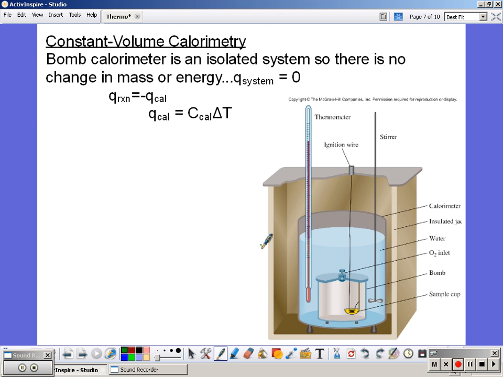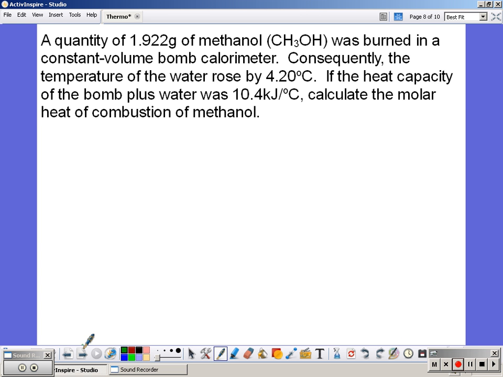So a quantity of methanol was burned in a constant volume bomb calorimeter. The temperature of the water rose by 4.20 degrees Celsius. If the heat capacity of the bomb plus the water was 10.4 kilojoules per Celsius, calculate the molar heat of combustion. In order to calculate the molar heat, which would be joules per mole, I need to know what the joules are.